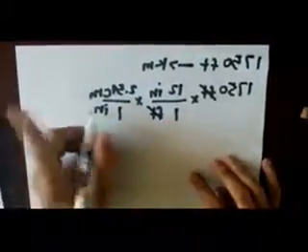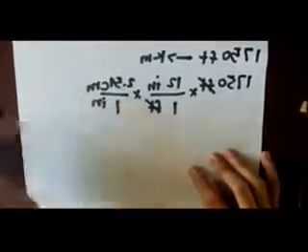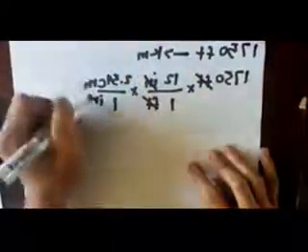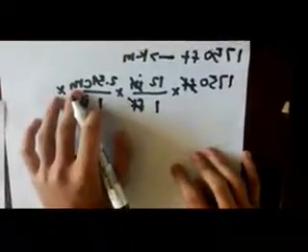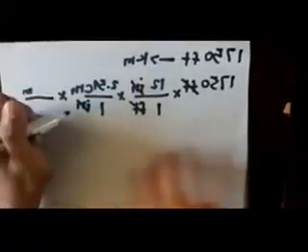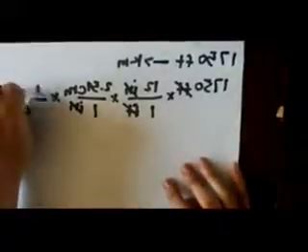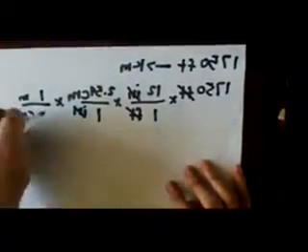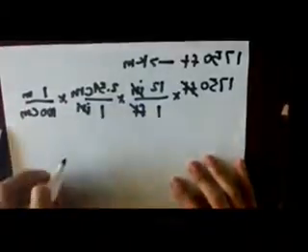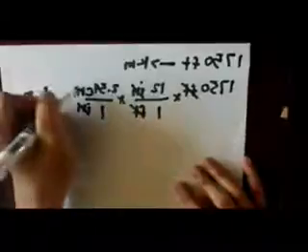However, this is not yet the answer, so we still need to cancel centimeters. To cancel the centimeters, we use meters over centimeters. In 1 meter, there are 100 centimeters. After this, we can now cancel centimeters.